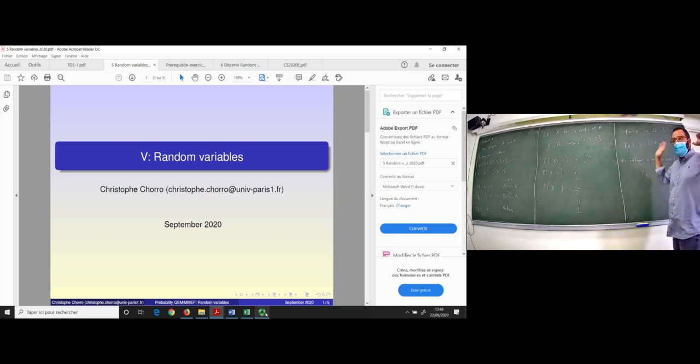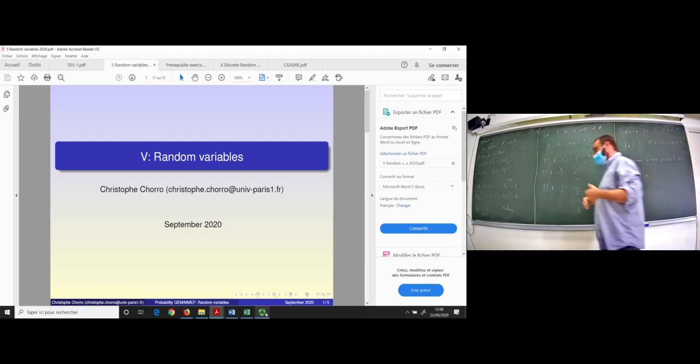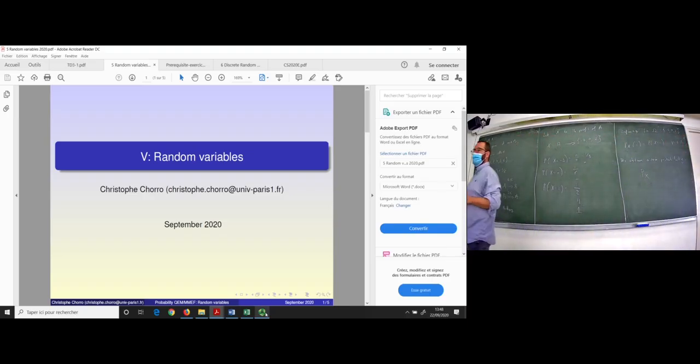I give it a name, but for the moment, whatever, I call it P of X, and I obtain a new probability. Later on, X will be a random variable, P of X will be the distribution of X. But it will be defined, I repeat, properly in a few minutes. That's just a little example.